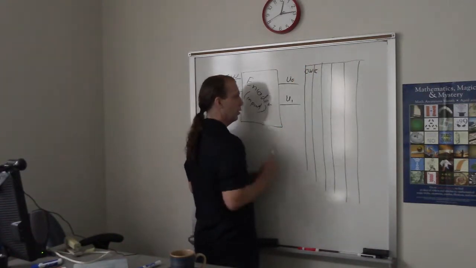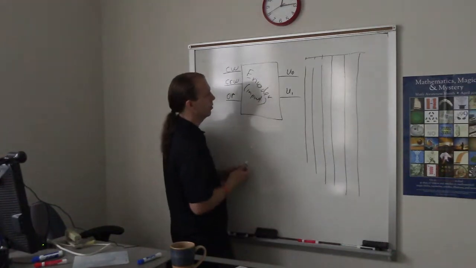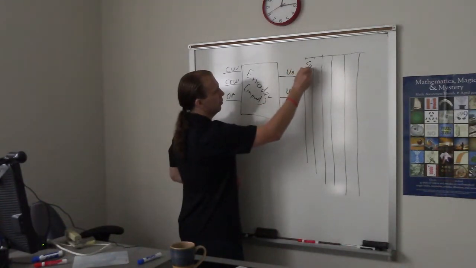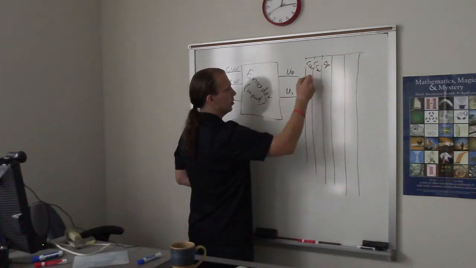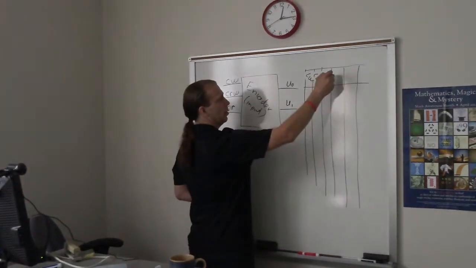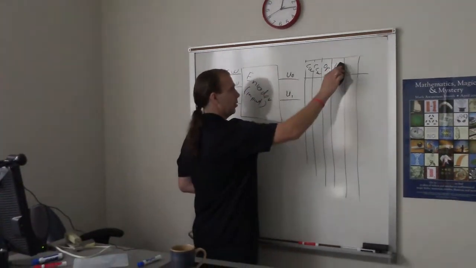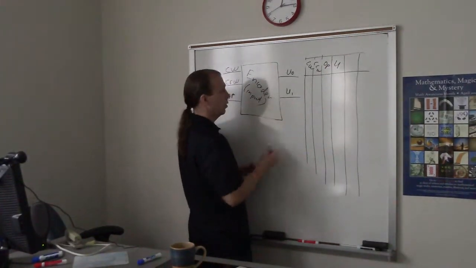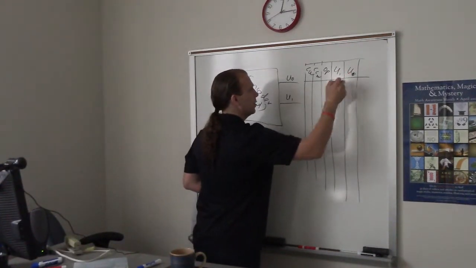I will call them CW, CCW, OP. These are our inputs, and then U1 first and U0 second.